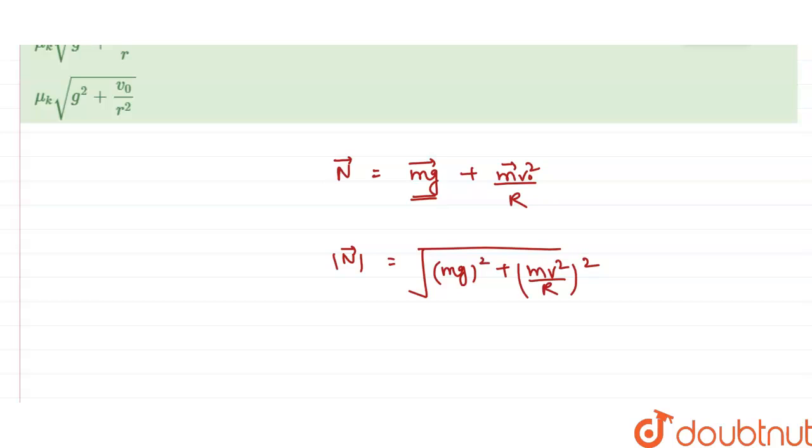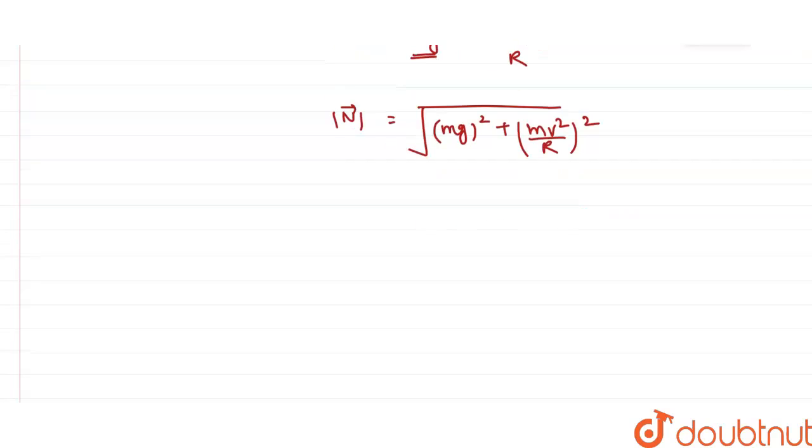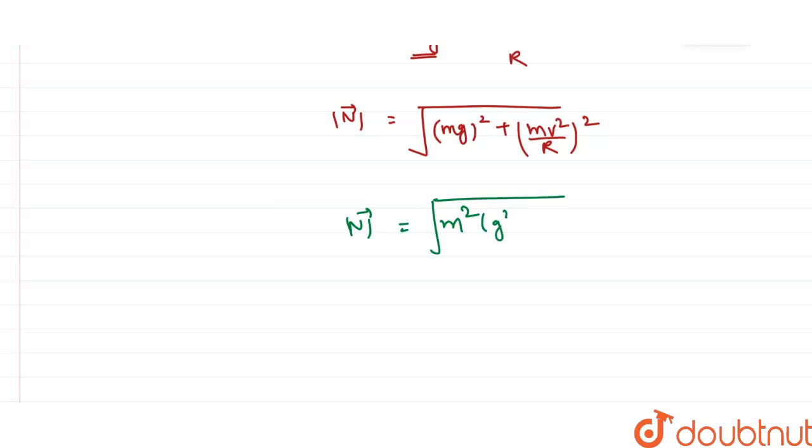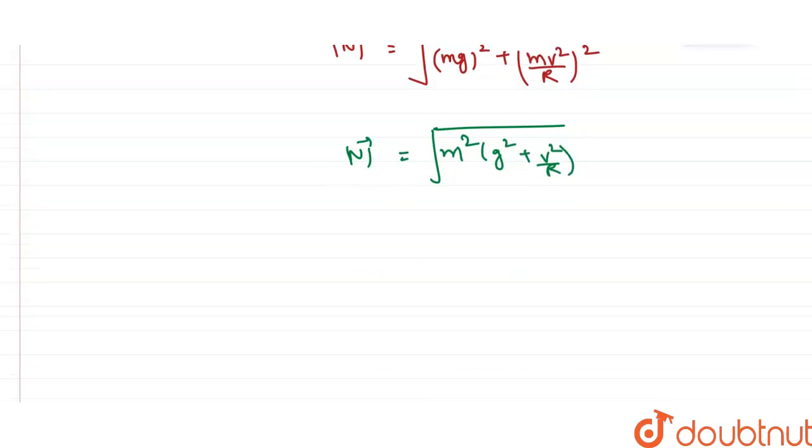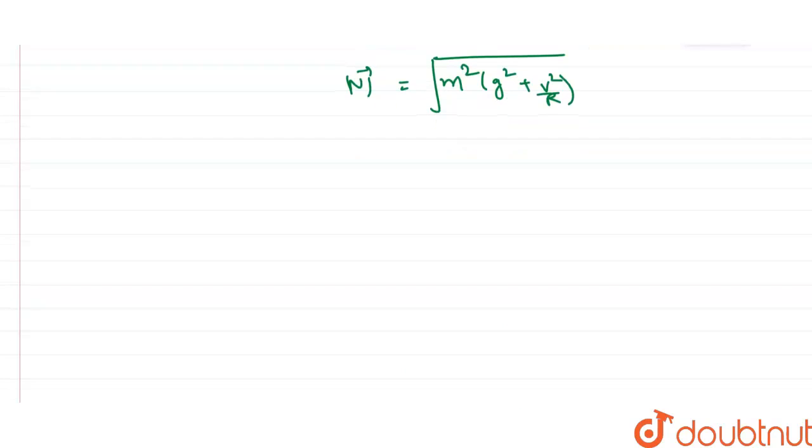After simplifying, m square is common, so I can write n equals m times the square root of g square plus (v square upon r) square. Now we know that a friction force is also acting between this ring and this hoop, given by f equals mu n, where mu is mu k.